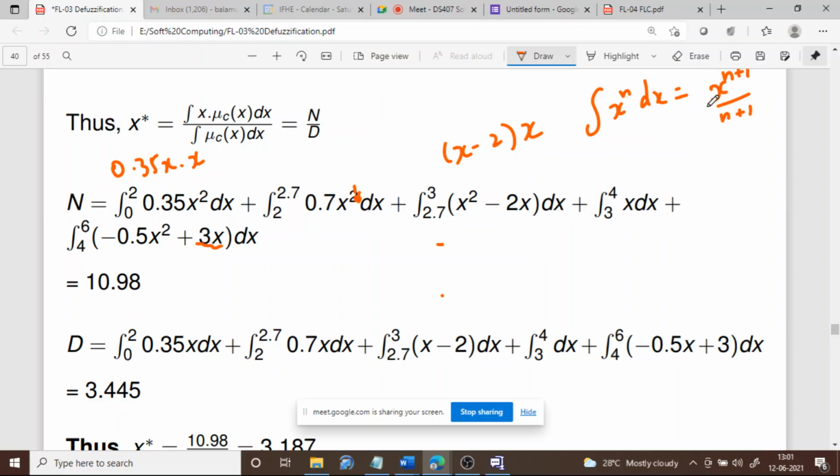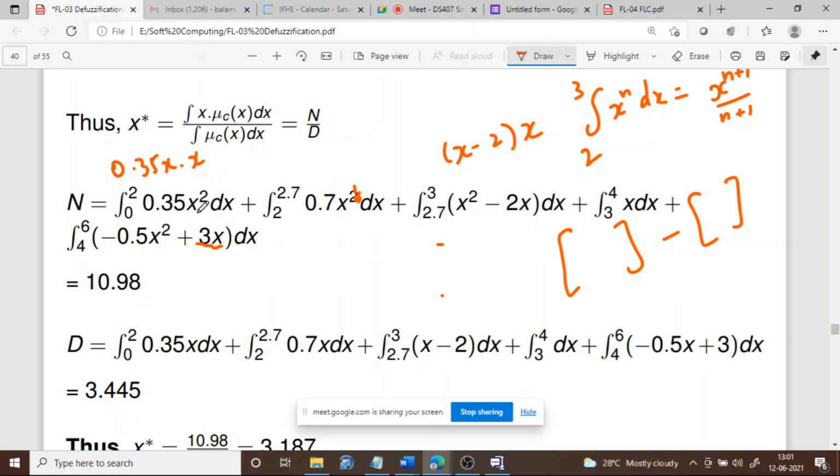For example, if this is going from 2 to 3, first you substitute 2 for x and find the value, then substitute 3 for x and find the value, and subtract the value at 2. That will be the result.